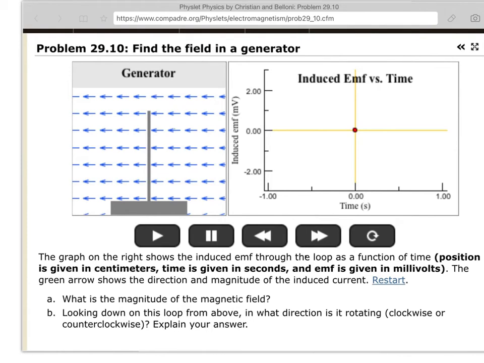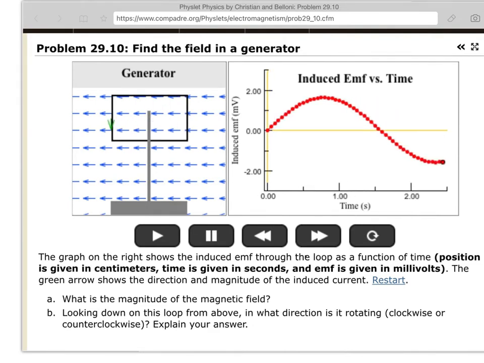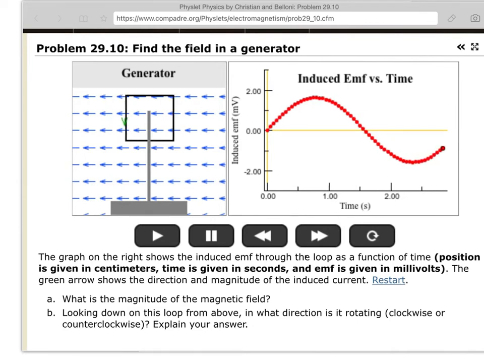Okay, as usual, play the simulation, look at it, think about it. Before you even look at the questions, just see if you can understand. So what do we have? We have a wire loop spinning in a constant magnetic field. It's rotating around an axis.